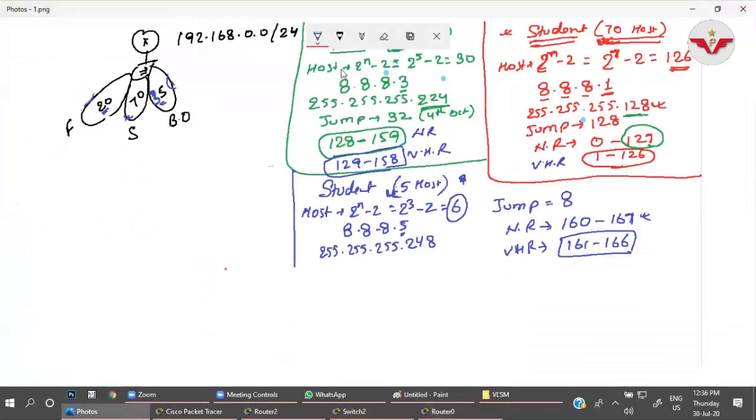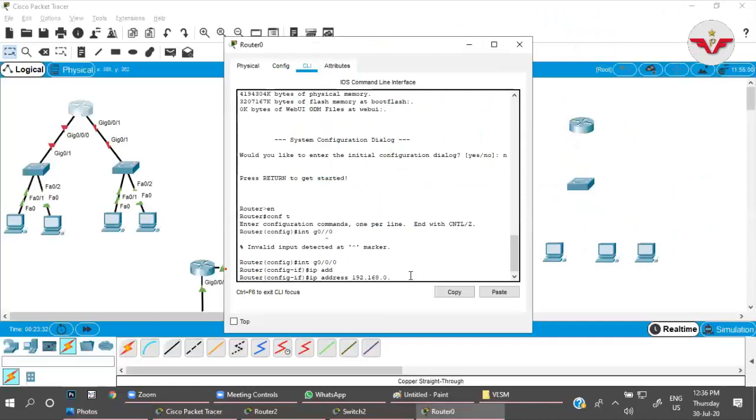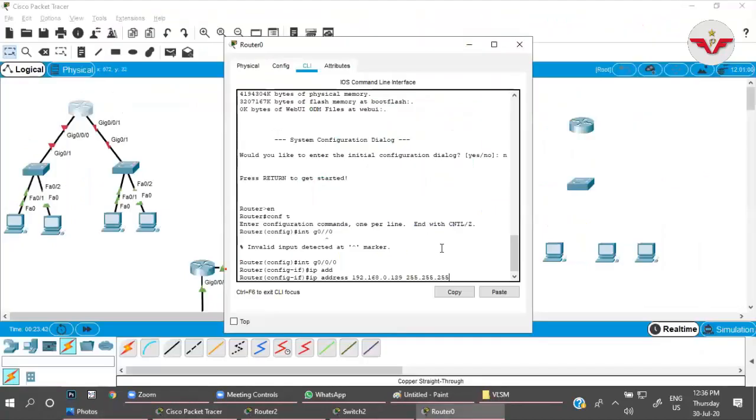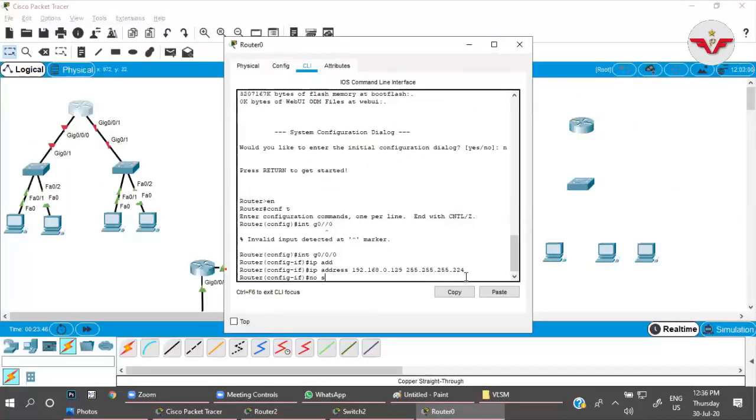For the faculty network, the first was the faculty network, the second was the student network. So for faculty it's 128 to 159. It means the first IP which I give to the router is 129, subnet mask 255.255.255.224, right? So 224, no shut.